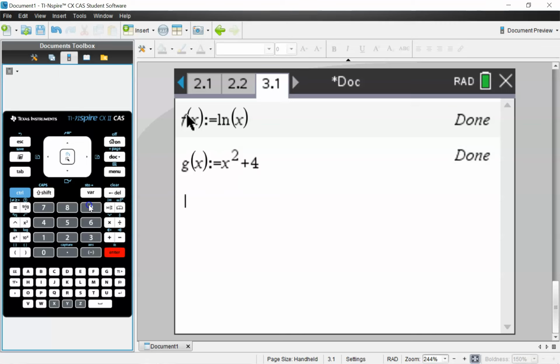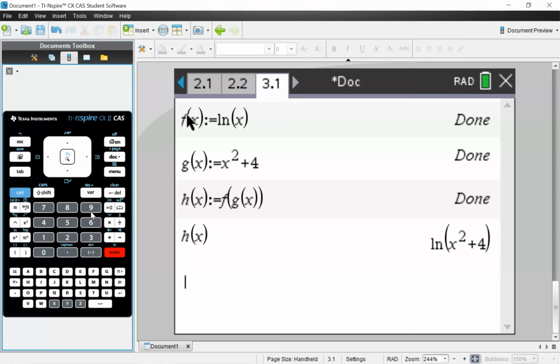Okay, and then what we did is we did h of x was f of g of x. So let's just define that. F of g of x, that gives me that. So let's just check our first answer. So that's all good, that's right.